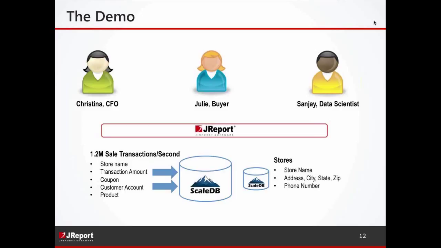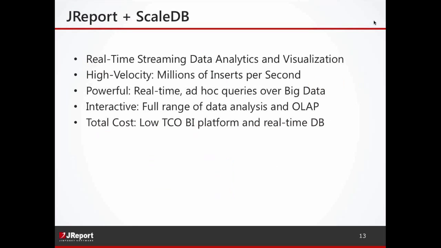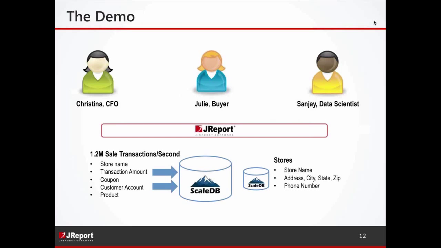So any application that works with MySQL will inherently work with us. So we support all sorts of data visualization, exploration, and machine learning tools. Here we'll be showing JReport as the front end to the system. So with that information, I will turn it over now to Ashwin.